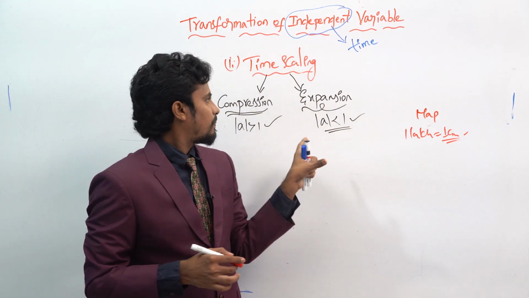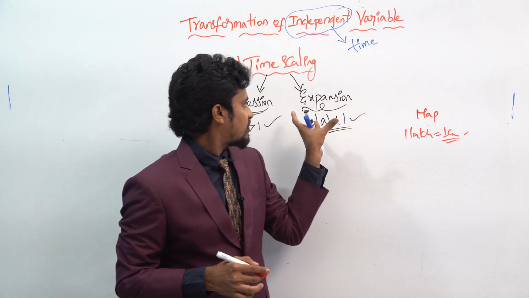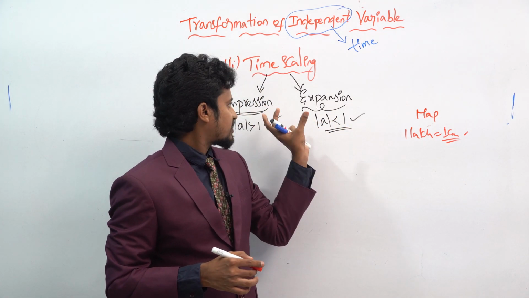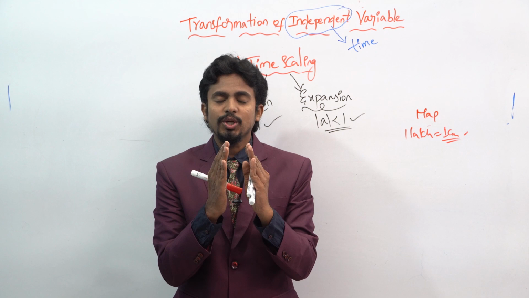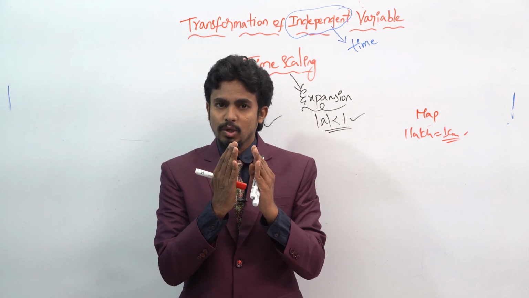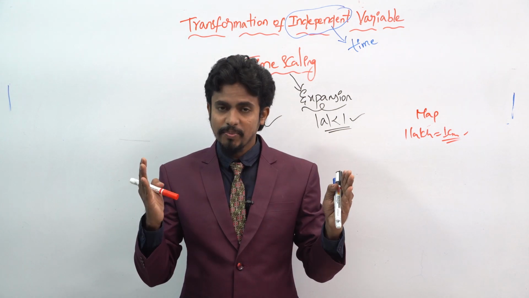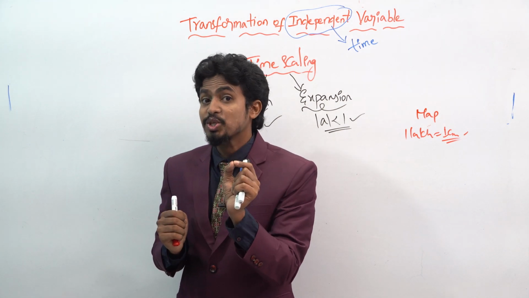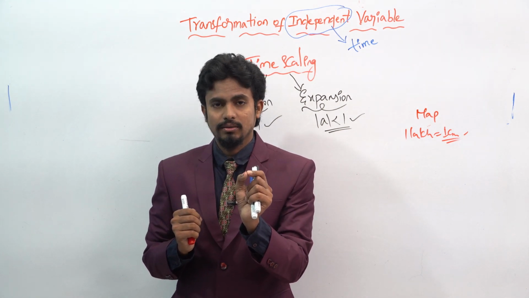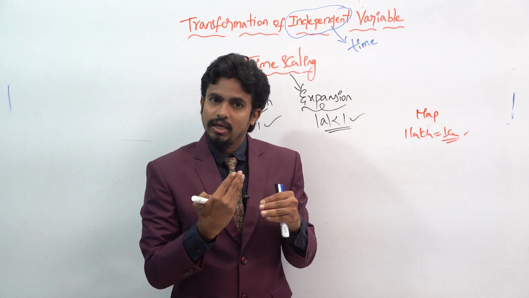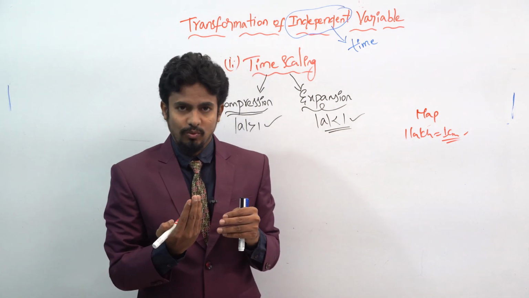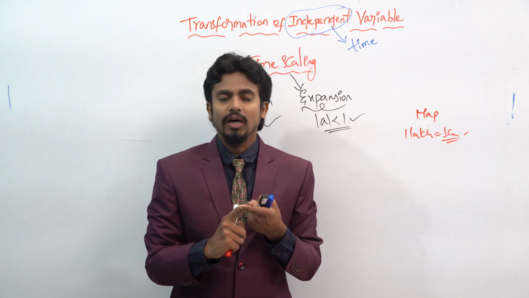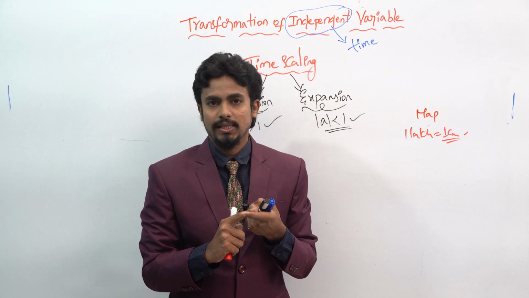That means, whether the given signal is expanded or compressed, you can't change the shape of the signal. For entry level beginners, the main mistake is that they change the shape of the signal.